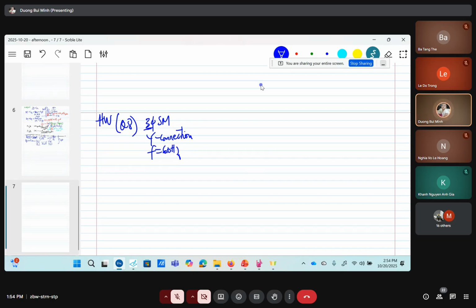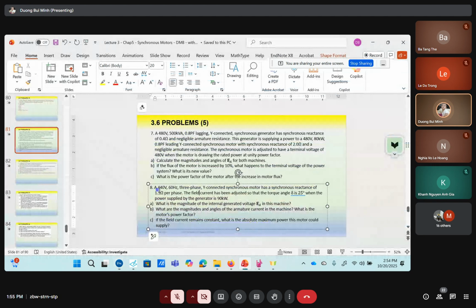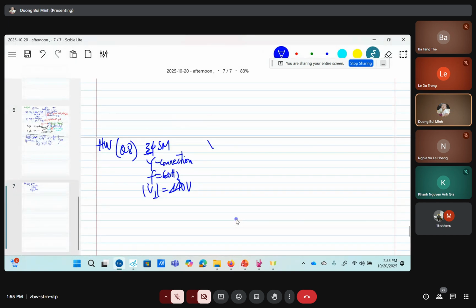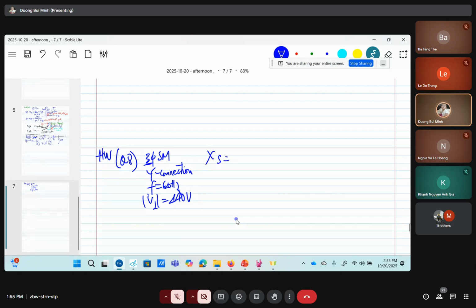Because this is three phase, the voltage is always line voltage, 440 volt. This synchronous motor has a synchronous reactance of 1.5 ohm. So we have XS, XS is 1.5 ohm.